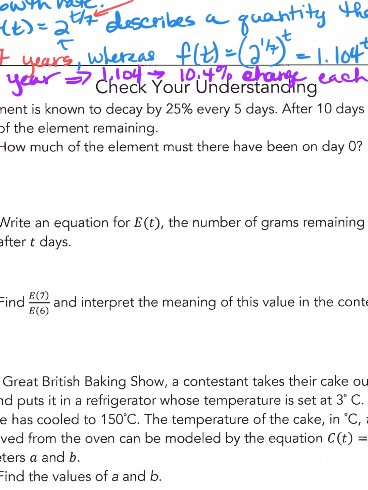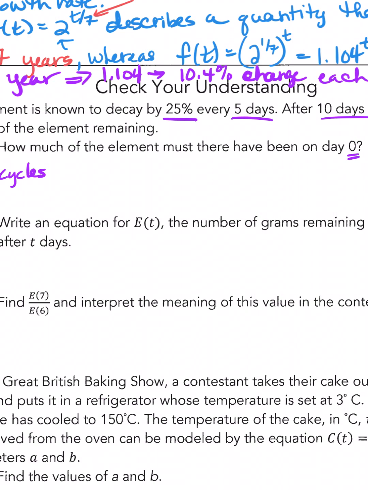I'm assuming you're pausing each time to try to answer the question on your own before you check it. You know an element decays by 25% every 5 days. After 10 days, there are 45 grams. You've got to be able to think both directions. How much must there have been on day 0? So we're going to take 10 and divide it by 5 and know that we have 2 cycles.